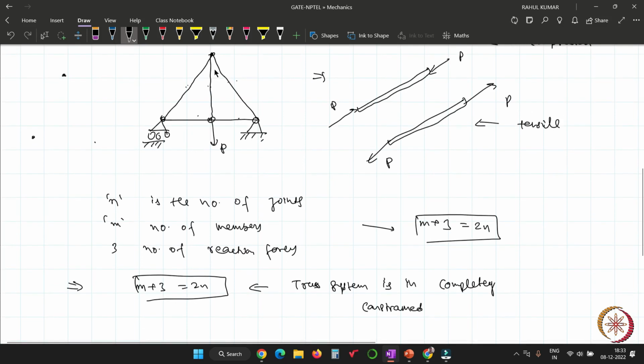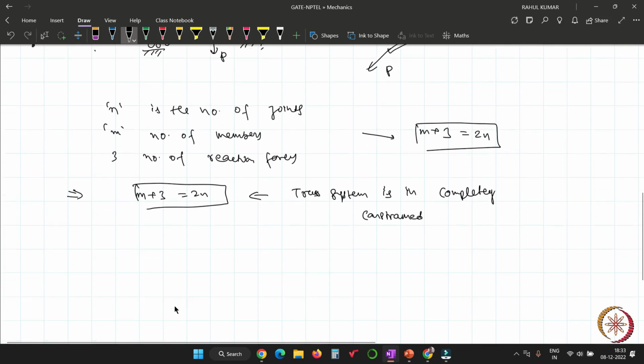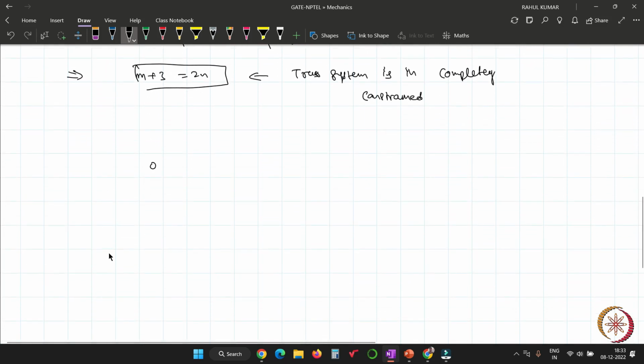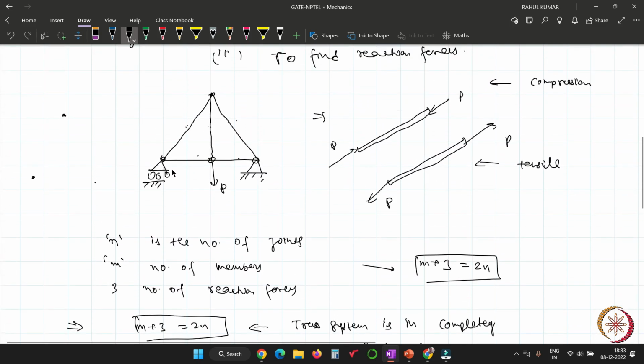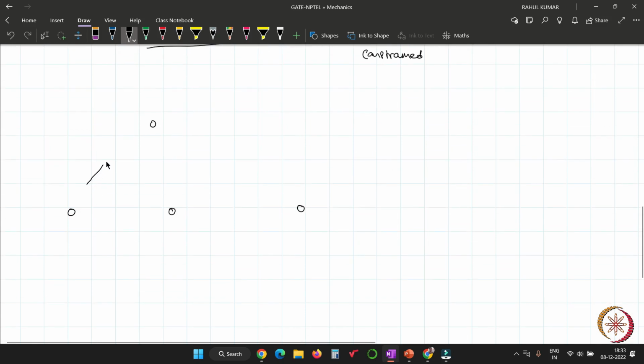Suppose in this situation you have 4 joints: 1 joint, 2 joints, 3 joints, and 4 joints. And this joint is connected by 1, 2, and 3 members, right?